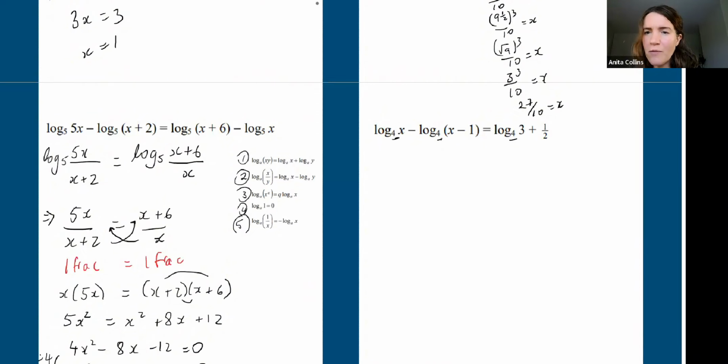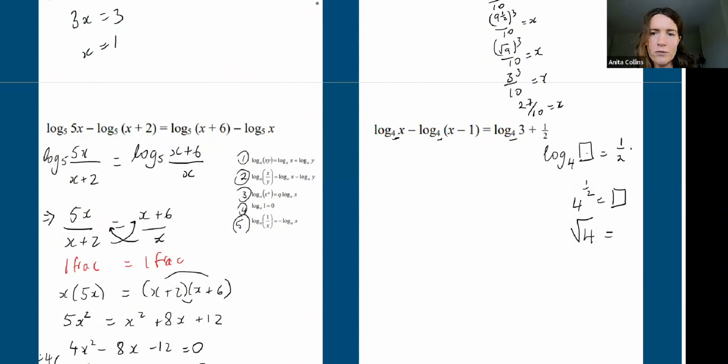If I wanted to turn this into a log base 4, what number would go here so that it would be equal to a half? So 4 to the power of a half is equal to what? Now we know a power of a half is the square root, so the square root of 4.